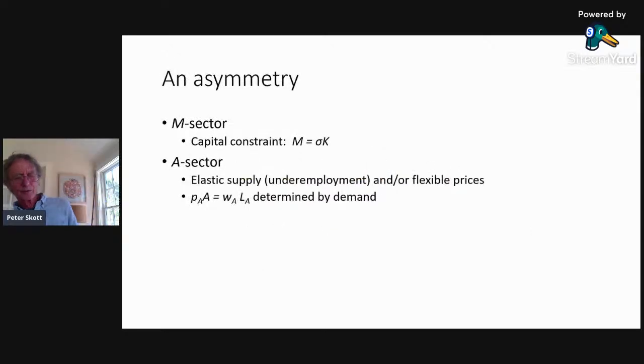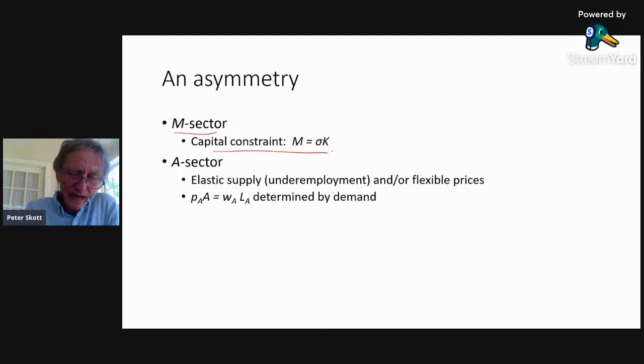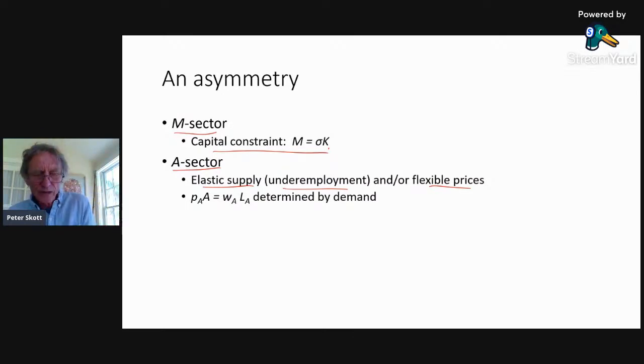I'm now going to first point out an asymmetry that I already mentioned, but it's important. We have an M sector with a capital constraint. So with a given capital stock, that determines output in the formal sector. It also determines employment in the formal sector. The A sector may have an elastic supply. There's underemployment, or it may have flexible prices, if you treat underemployment as either zero or as something that is constant.